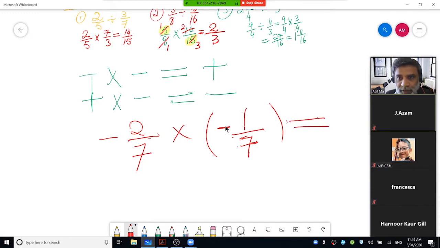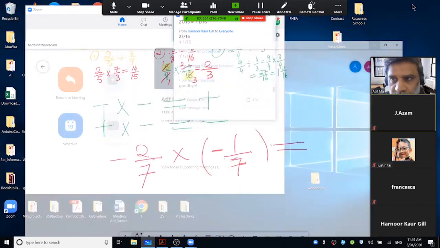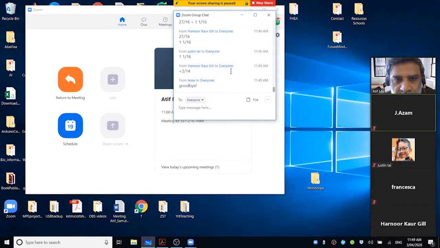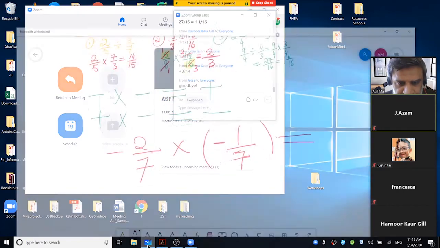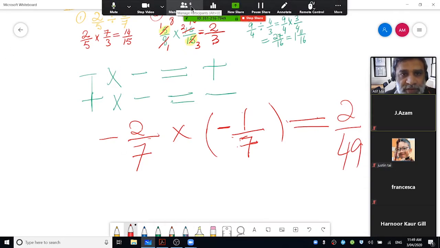Just type the answer, please. If you are multiplying minus with minus, it becomes plus, and so it would be 2 over 49. So this is your answer.